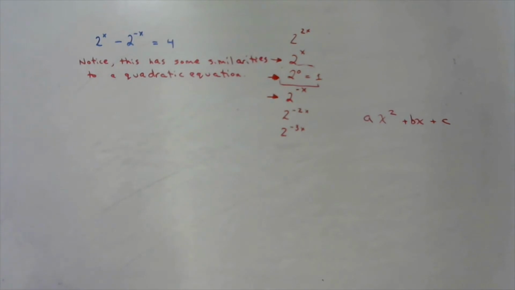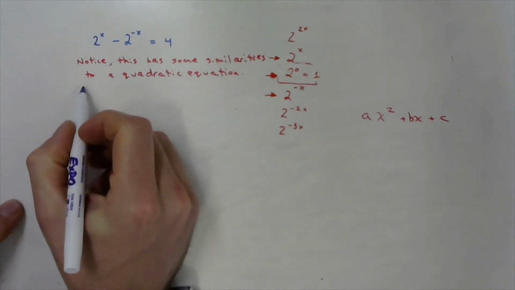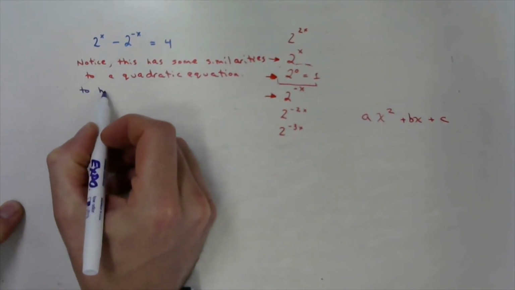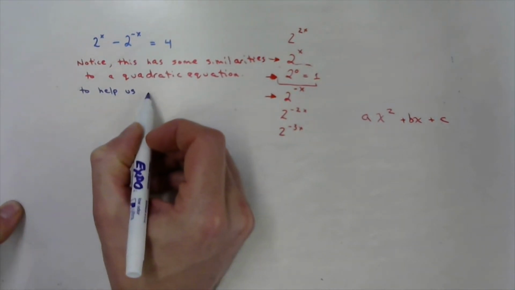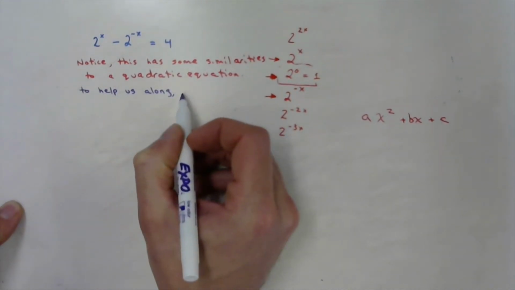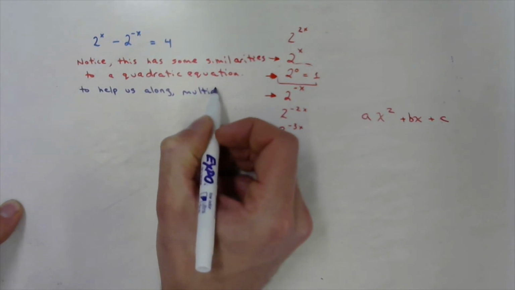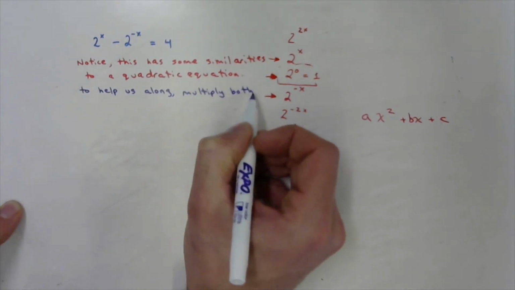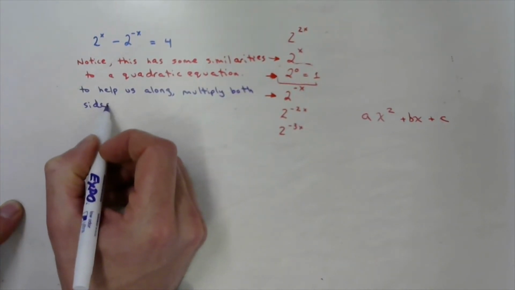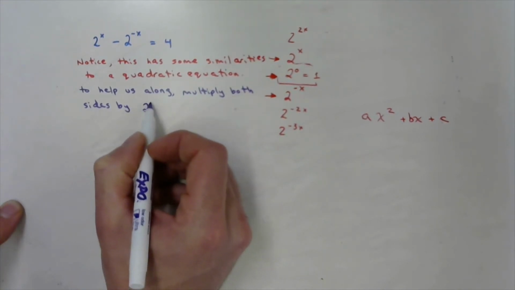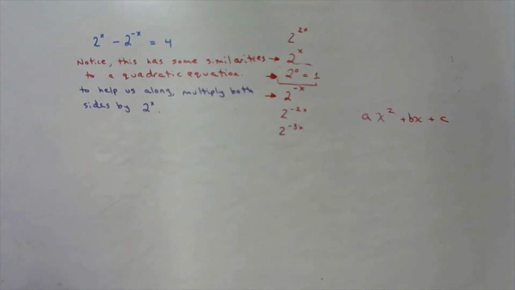And to help it look like that, what we're actually going to do is multiply both sides by 2 to the power of x to help us along.